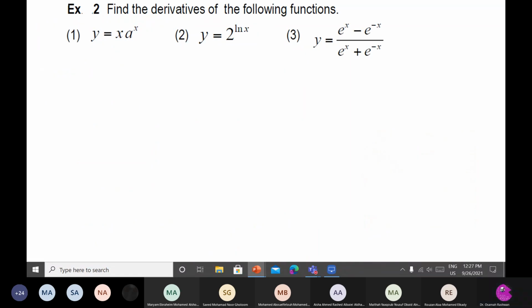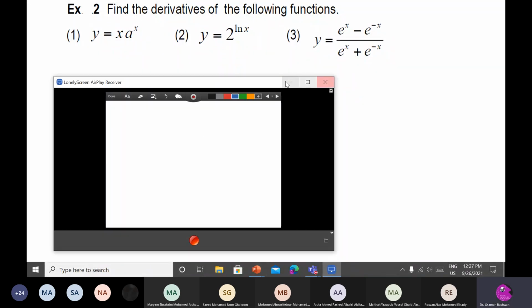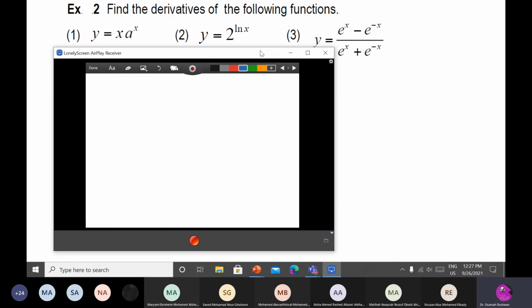Okay, let's go for these two. How to solve the first one? Yes, I have a multiplication rule. Very good. Now you remember for the first one, d by dx for x a to the x. Yes, I remember the multiplication rule.